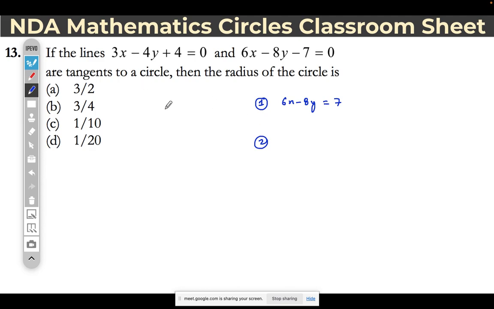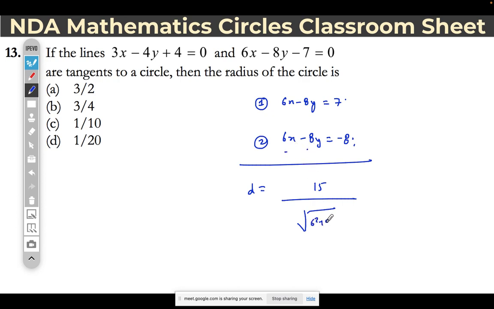Another one we multiply by 2, so 6x minus 8y equal to minus 8. Yes or no? So the distance is difference between their constant parts. 7 minus minus 8 is 15 upon square root of a square plus b square. 6 square plus 8 square is root 100, which is 10. Okay? Yes, sir.